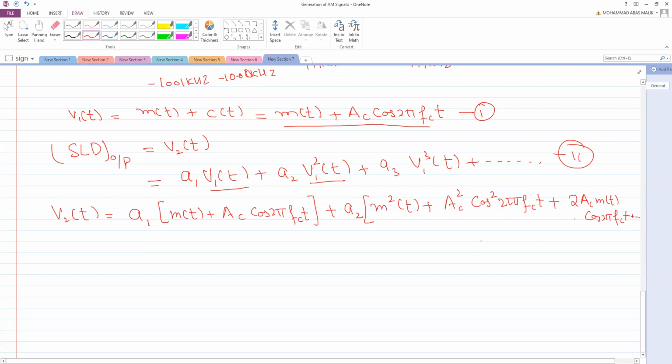So these are the values. Similarly, you will put the A3 value here, then (A plus B) whole cube, and there will be a few terms here. Done.